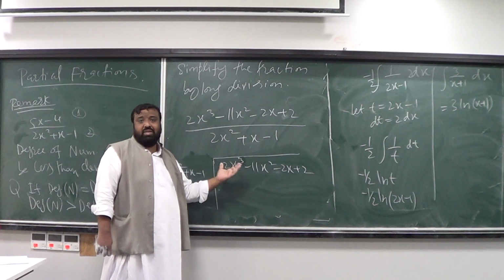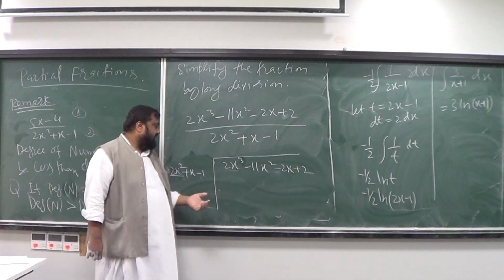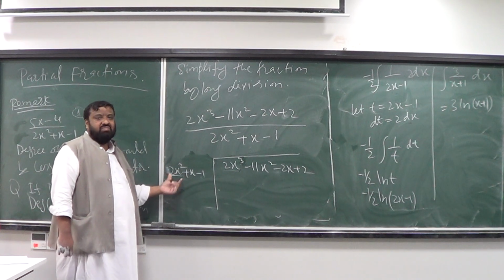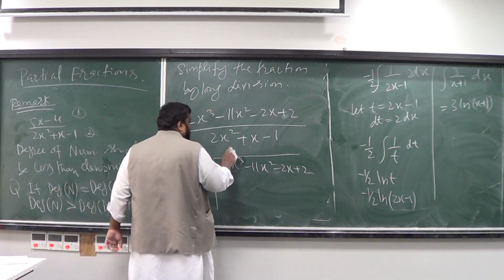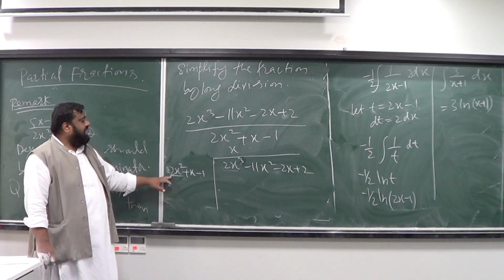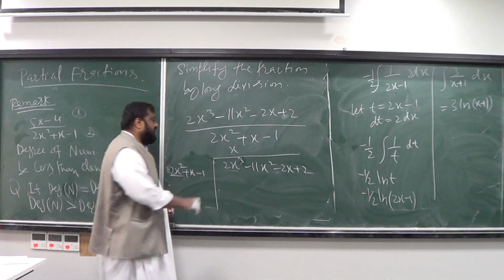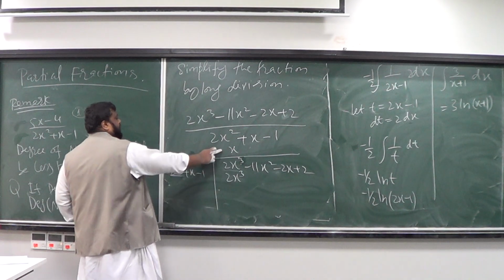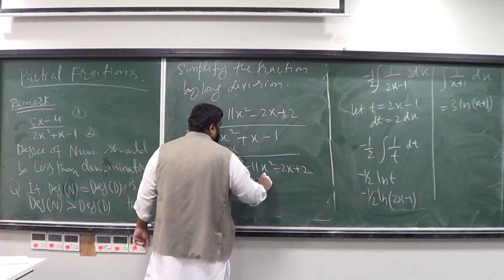So I hope you remember the basic principles of division. What you can do is multiply it with x. So that means you have to put x here. Now if I multiply 2x square with x, this will become 2x cubed. If I multiply x with x, this will become x squared.